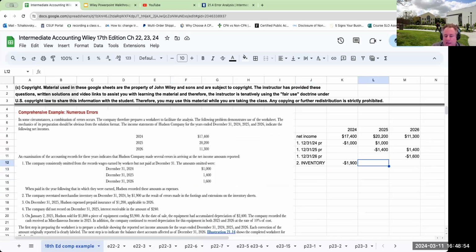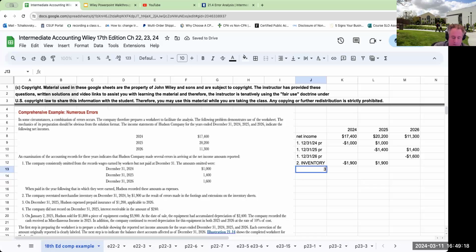However, this is an error that will self-correct. The following period, you'll see a $1,900 increase in income for the next year, because the beginning inventory is going to be lower than originally reported. So now let's go ahead and take a look at number three.